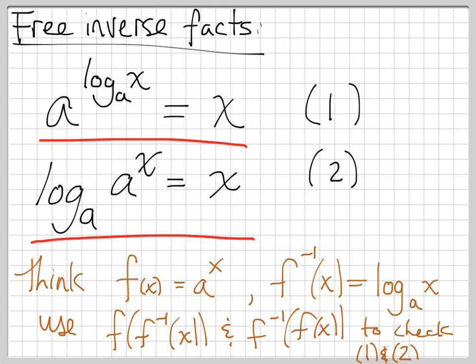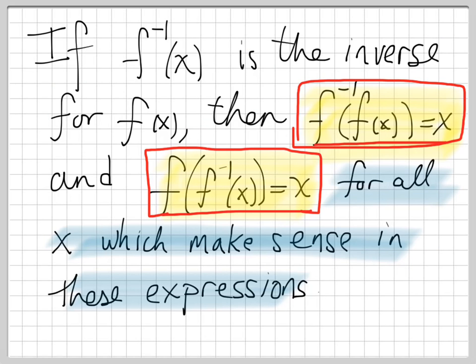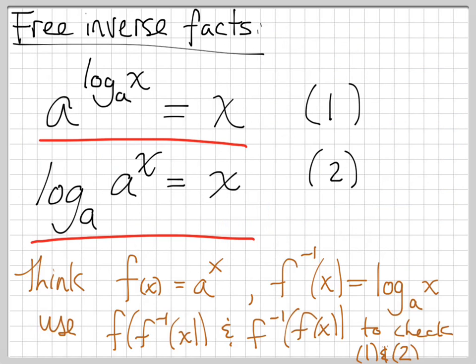So a couple of things for free. Remember, if we go back here, in the red boxes, f inverse of f of x is x, and f of f inverse of x is x. So if you use f of x equals a to the x, and f inverse of x equals log a of x, which I wrote down here, then you can get fact 1 and fact 2 by doing f of f inverse and f inverse of f.